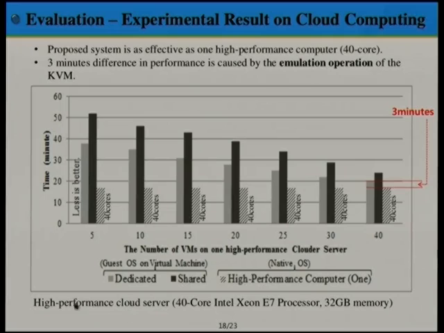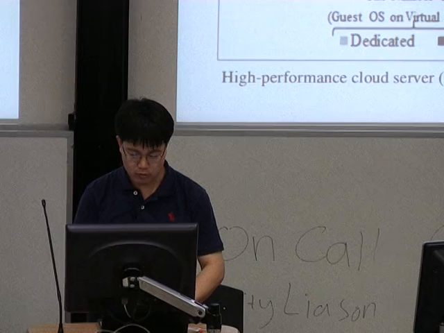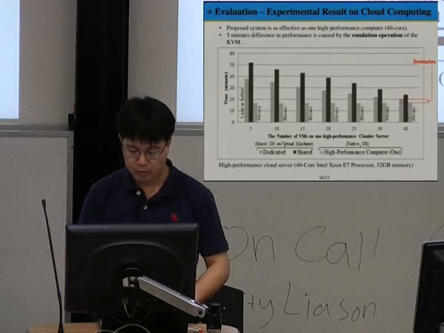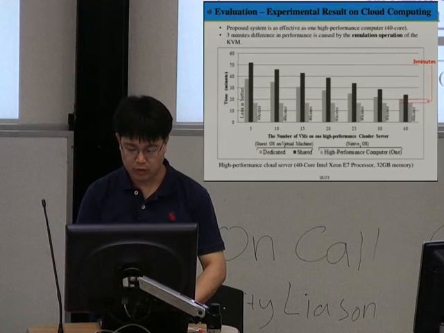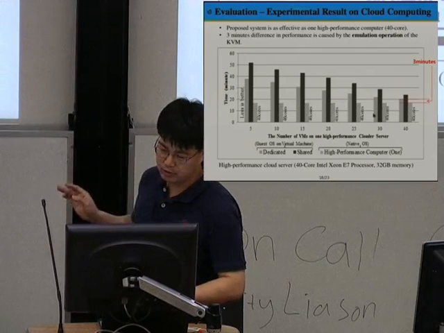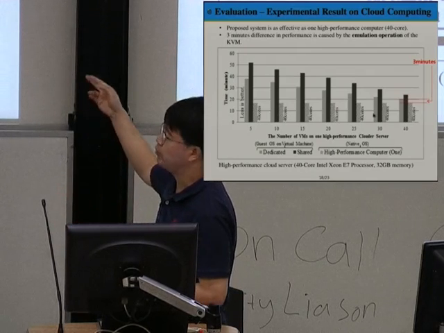These high performance computers consist of a 40-core Intel Xeon E7 processor and 32 gigabytes of memory. But as you can see, we lost a 3-minute difference in performance. From our analysis, we figured out the performance loss is caused by the emulation operation of the KVM virtual machines.